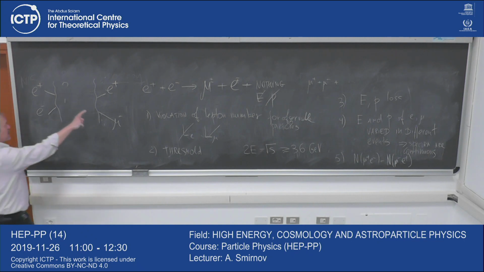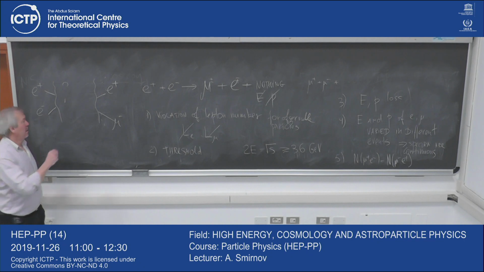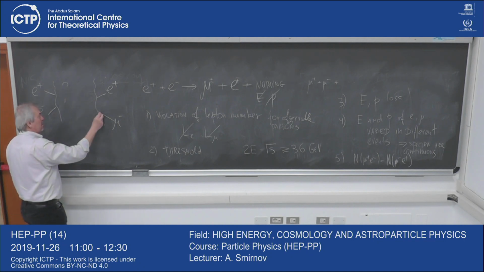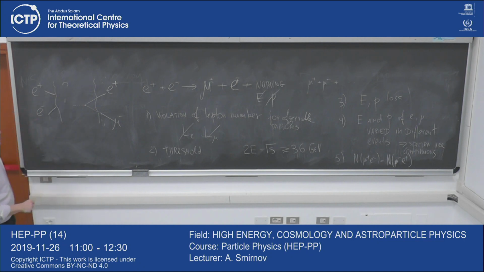So this e plus and mu minus come from the decay of a single particle or several particles. So it's single, right? So you have this connection. You want to have something like this, right? So this new particle doesn't conserve electron numbers, right?